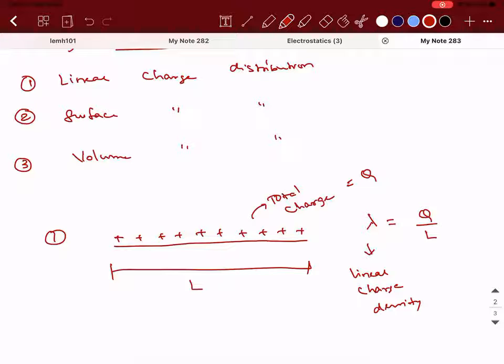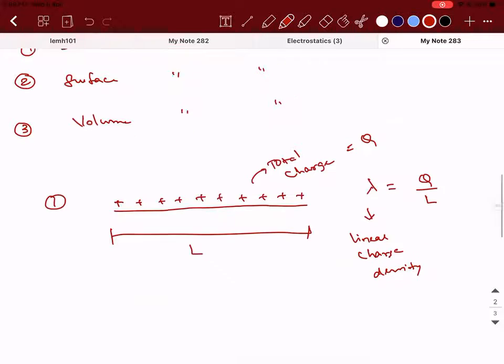In a similar way, you have linear charge density, in the sense charge distributed over the length.